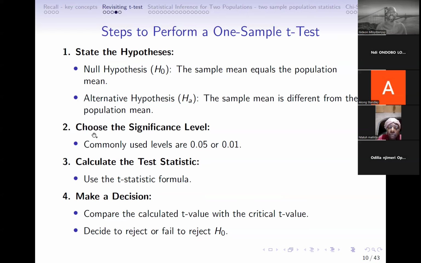Then you either have a reason, because the problem statement requires you to use a certain level of significance, or you yourself, doing that research, have to make an assumption and say, okay, I will work with a significance level of 0.05, or in other words, I want to check the significance at 0.05 or at 0.01.